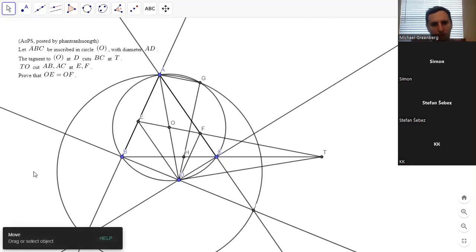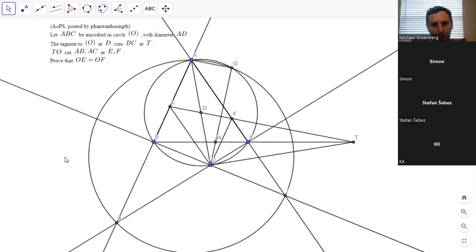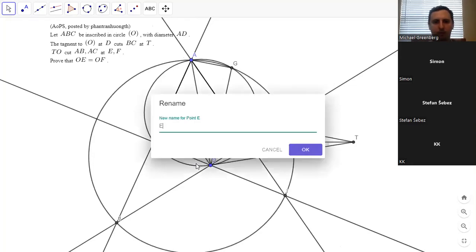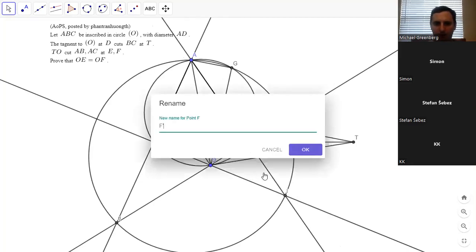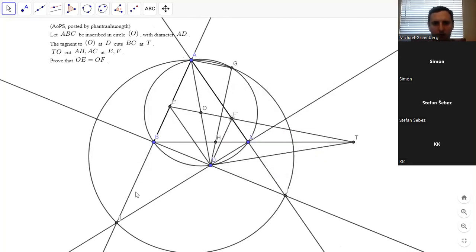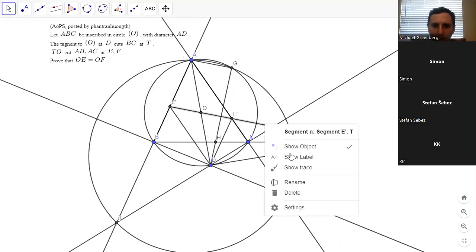So basically we define an E prime and an F prime like this. And then we define I and J, and we let G be the intersection of those two circles.